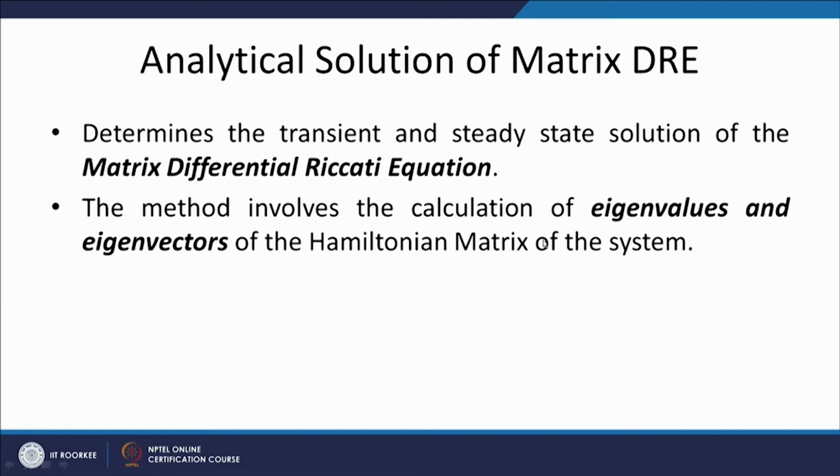Again we use the Hamiltonian matrix to obtain the solution. In this approach we can find the transient and the steady state solution of the matrix differential Riccati equation, and this method involves the calculation of the eigenvalues and eigenvectors of the Hamiltonian matrix, or Hamiltonian system we say.